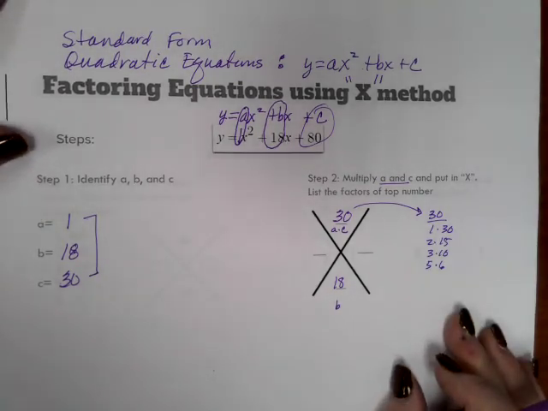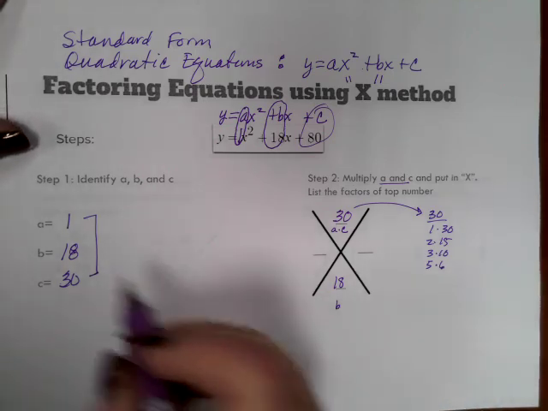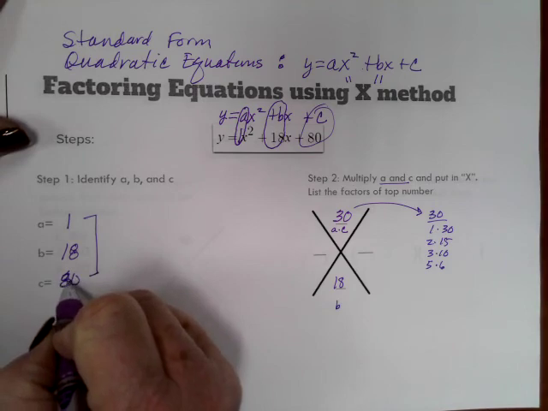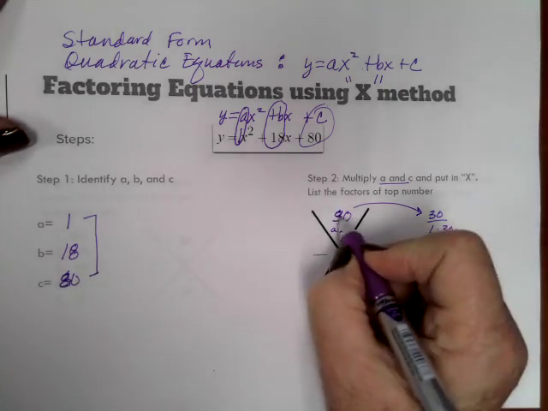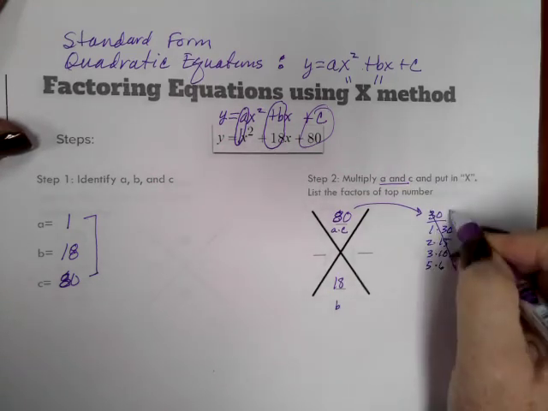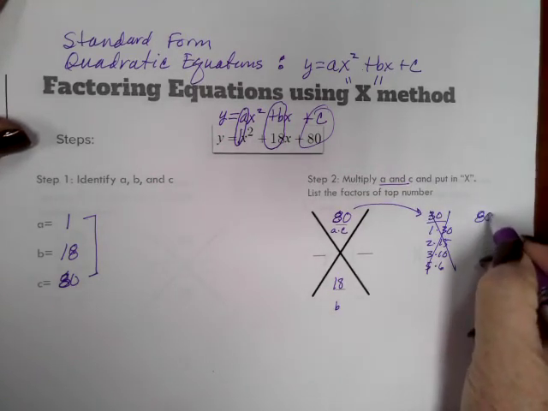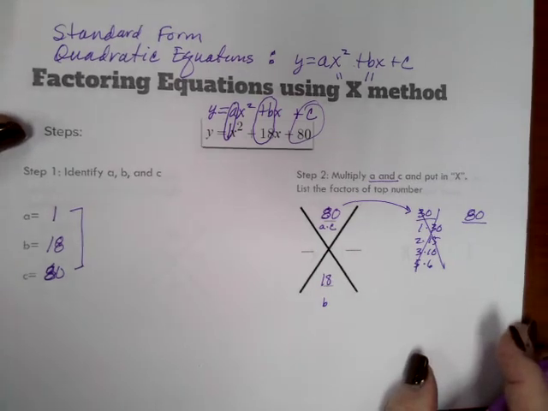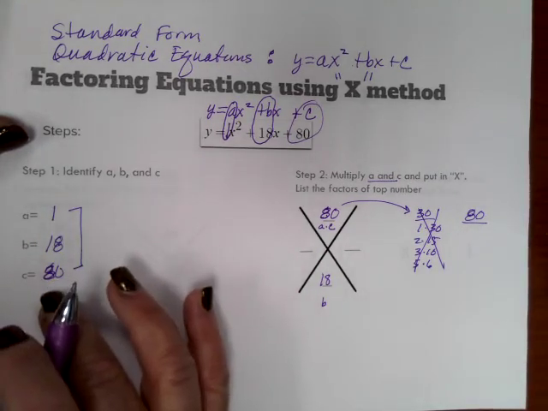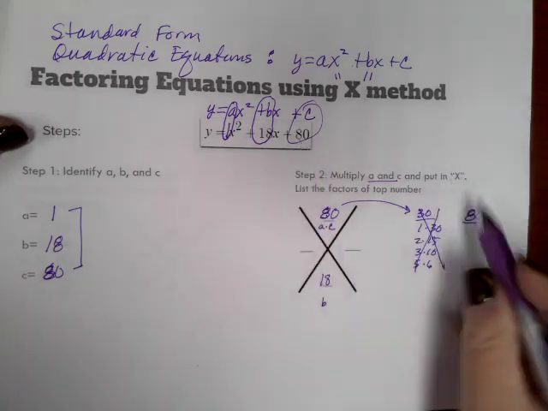We want factors that would add to 18. I just did this wrong because this is 80. Excuse me, I can't multiply, so let's fix this again. I wrote 30 here instead of 80, which was in the problem.